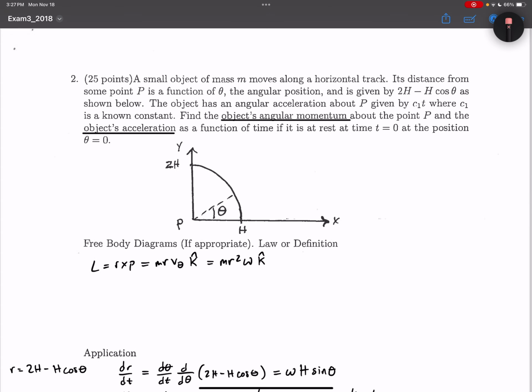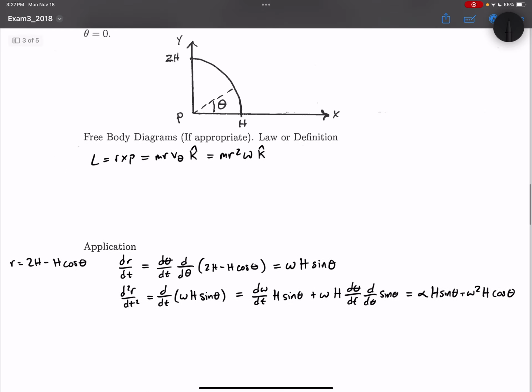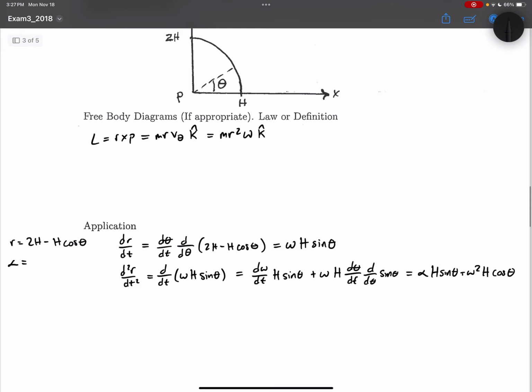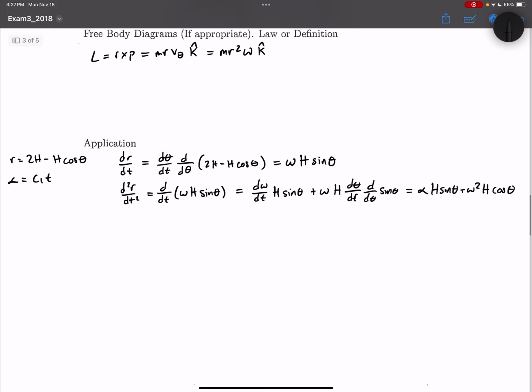We know that the angular acceleration alpha equals c1t. So that would mean omega equals 1/2 c1t squared plus some constant, omega naught, but that's 0 because we're starting from rest.